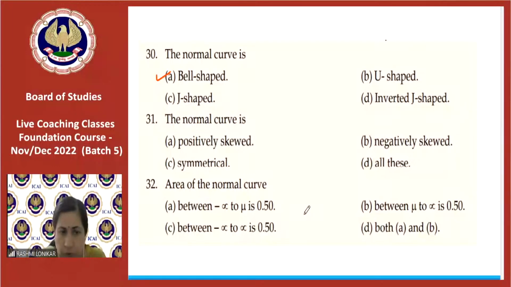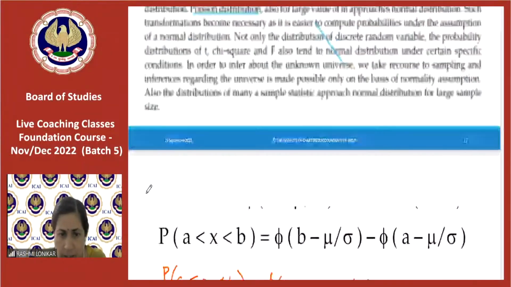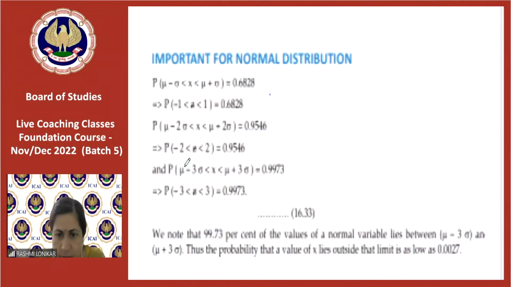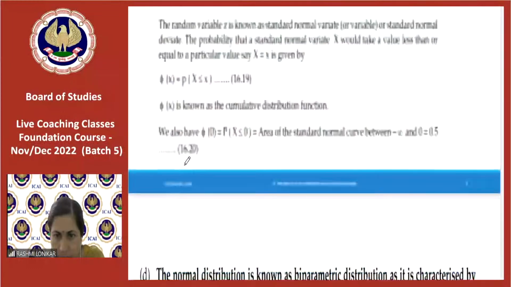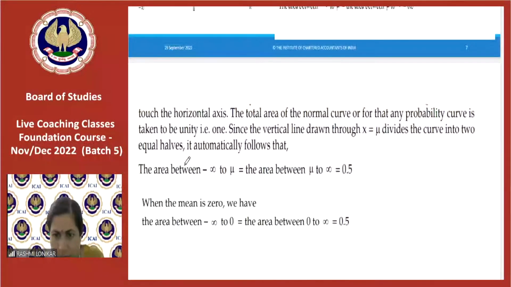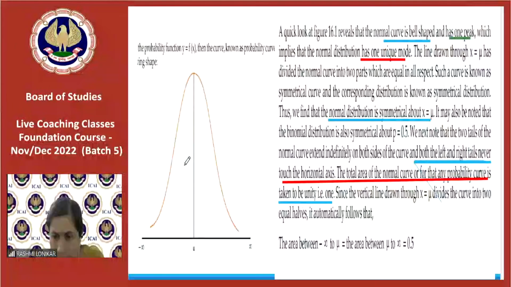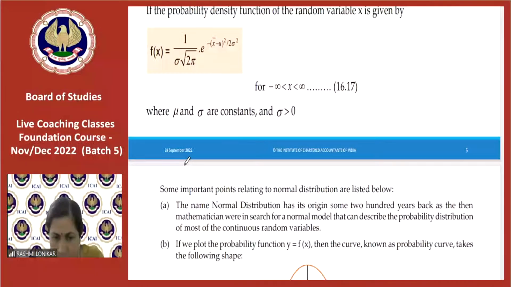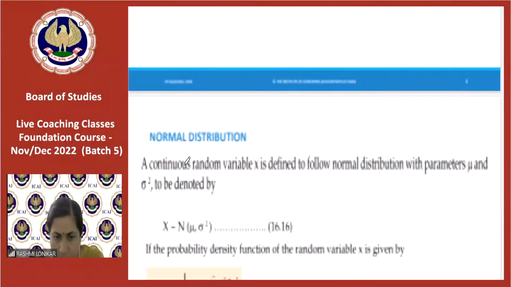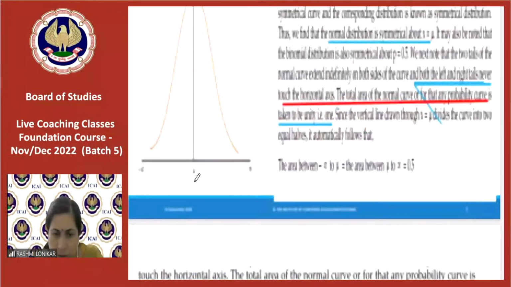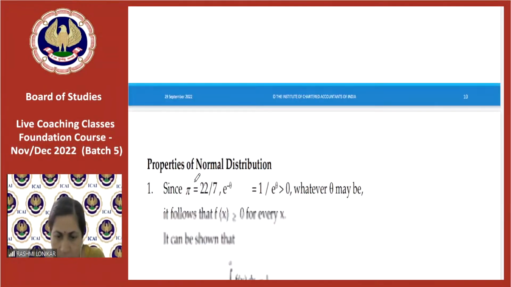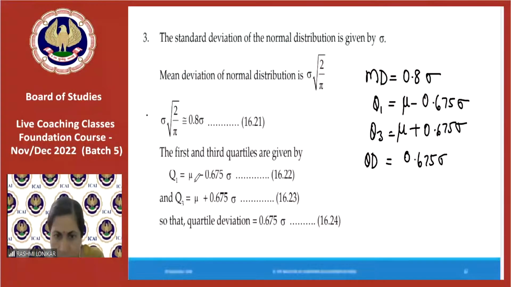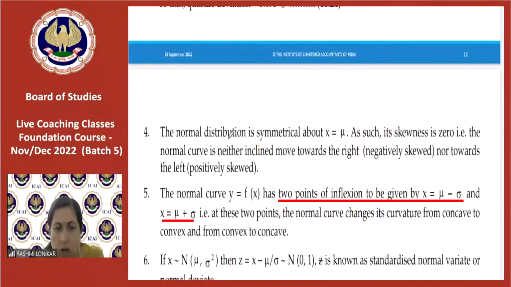Those of you who have forgotten, let me take you to that property. We have that property. The normal distribution is symmetrical about x equal to mu.